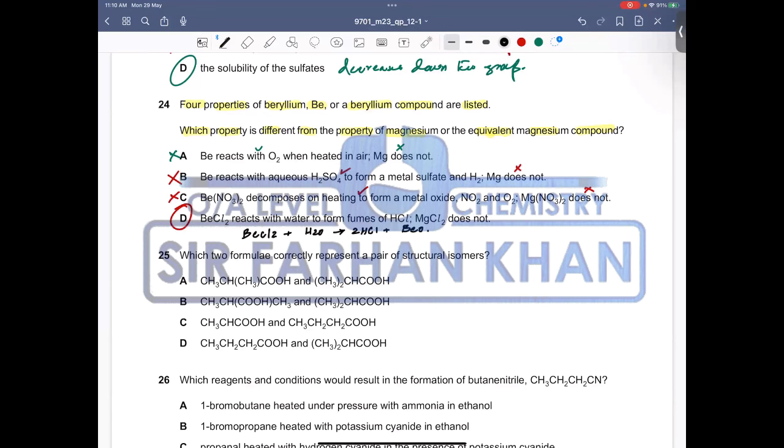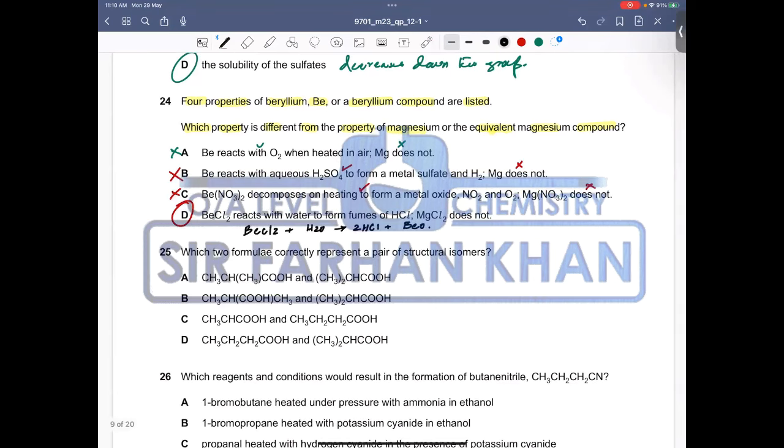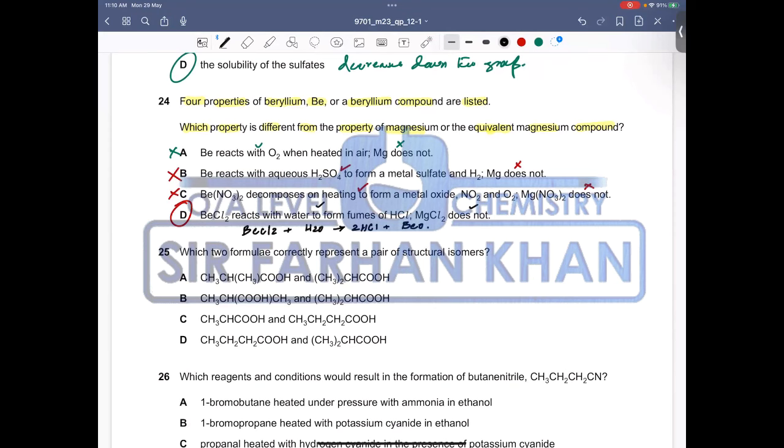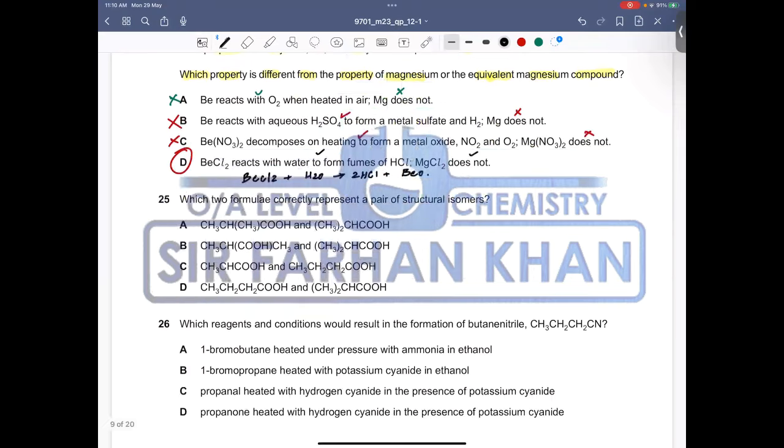Magnesium chloride does not. Exactly. Magnesium chloride is basically an ionic compound. It is soluble in water. It cannot react with water. So that's the difference.